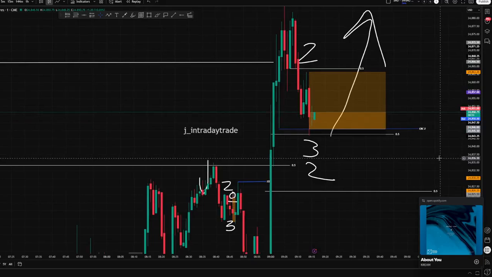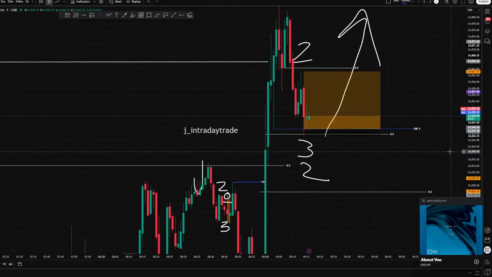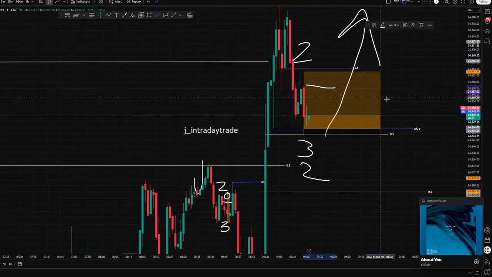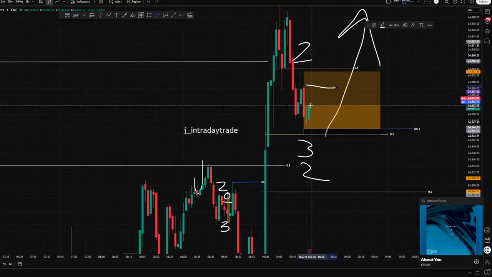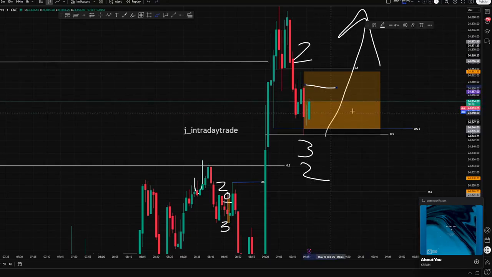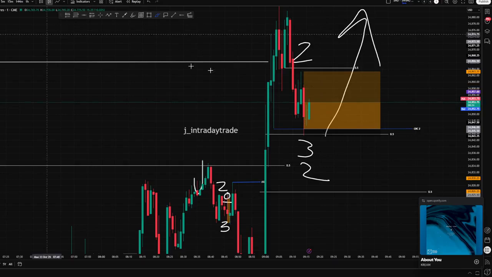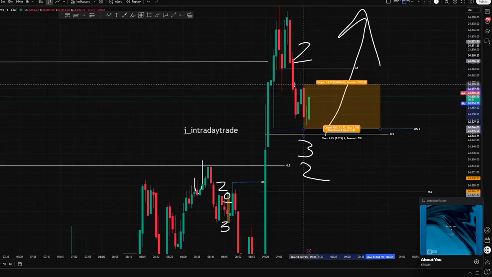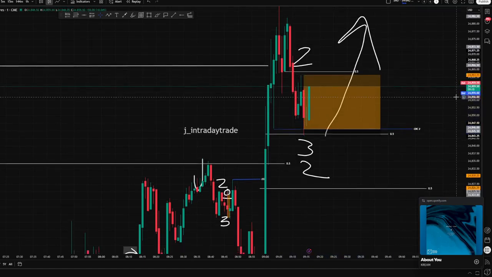Looks kind of weak right now. If it runs in here, I might consider taking my profits out. Now it could react down again from here. Let's see if it's... All right, let's get out of here.